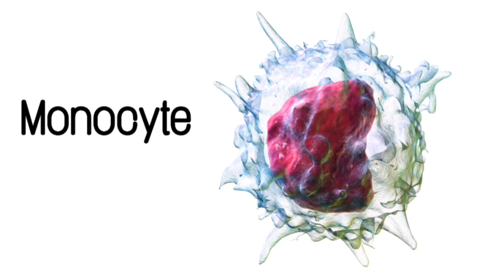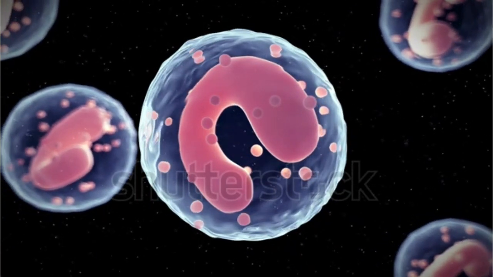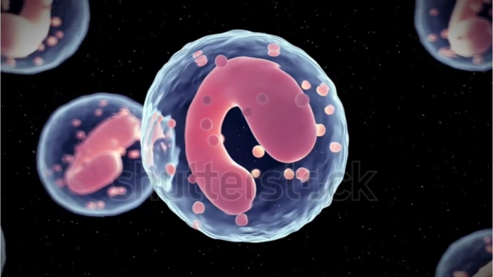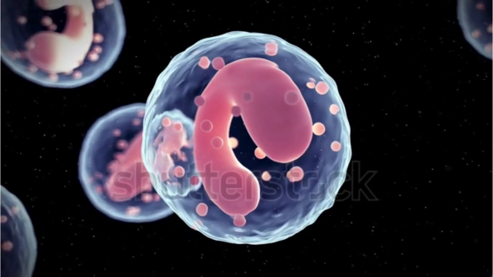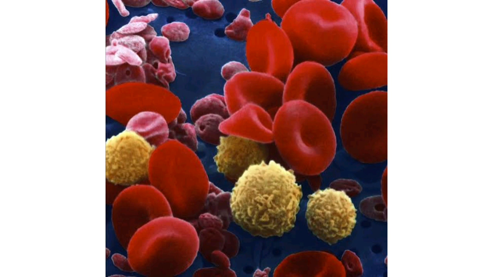Monocytes. They have a bean-shaped nucleus and monocytes are phagocytic in nature and they engulf a bacteria and cellular debris. That means the cellular waste products, and 2 to 10% of WBCs are monocytes.